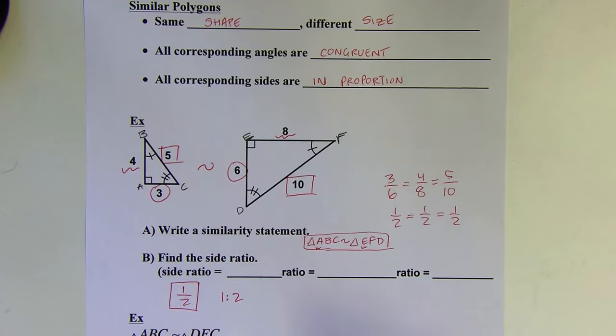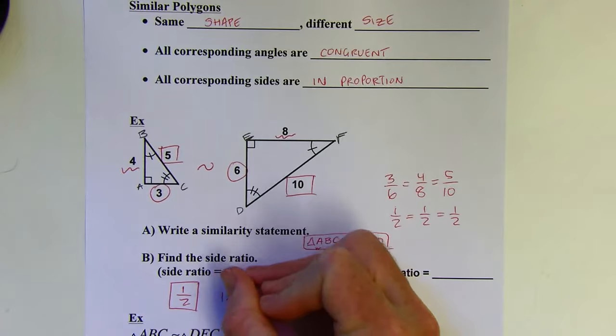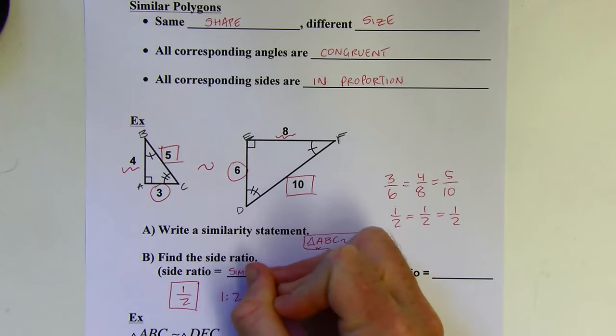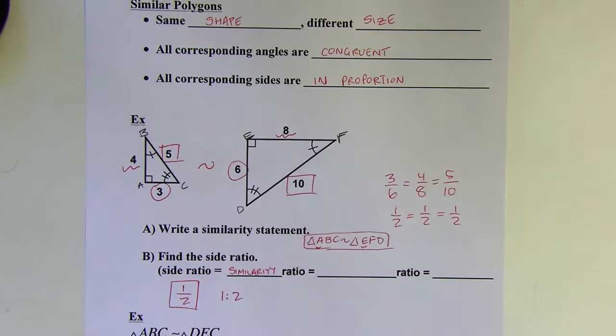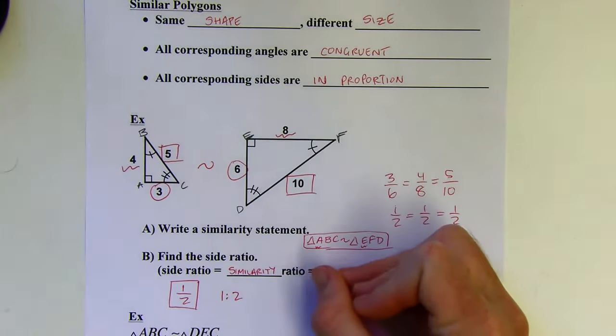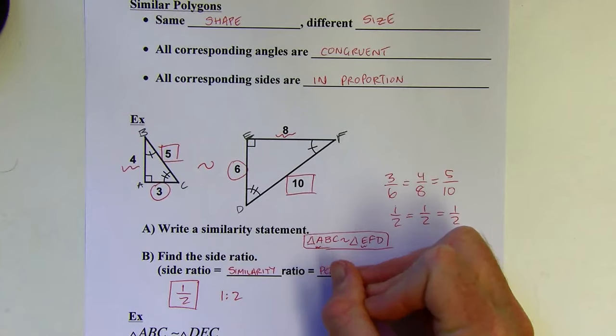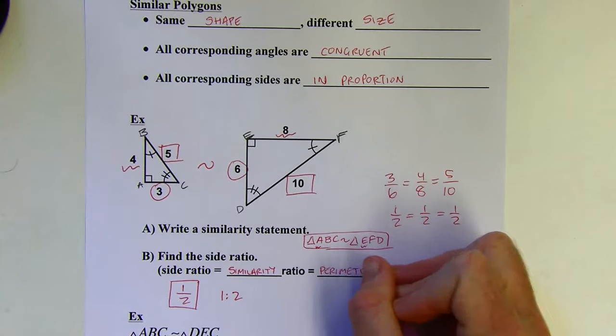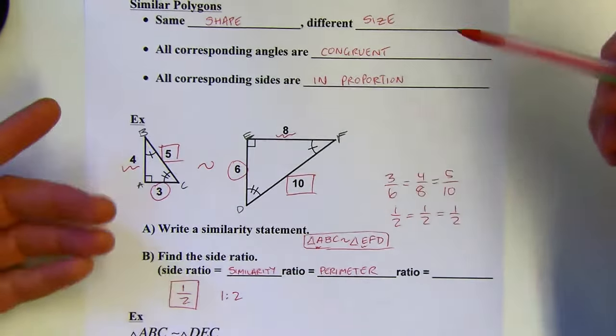And then I also want to point out the side ratio is the same thing as the similarity ratio. Okay, so those mean exactly the same thing. You could also call this the perimeter ratio, because the perimeters of those two triangles are going to be in a 1-to-2 relationship, right?